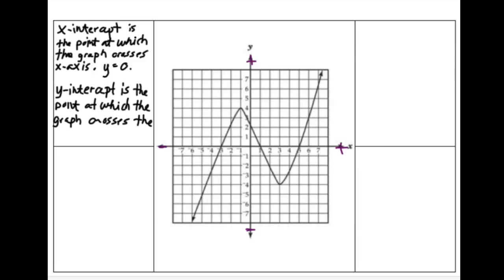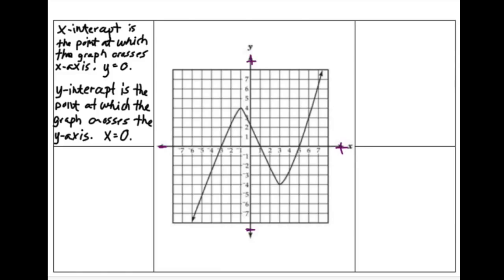I'm sorry, the y-axis. And this is where x equals 0. So again, this is one of those things that it's pretty intuitive when you actually think it through. If you're intercepting the x-axis, then you're crossing the x-axis and y equals 0. If you're intercepting the y-axis, then you're crossing the y-axis and x equals 0.